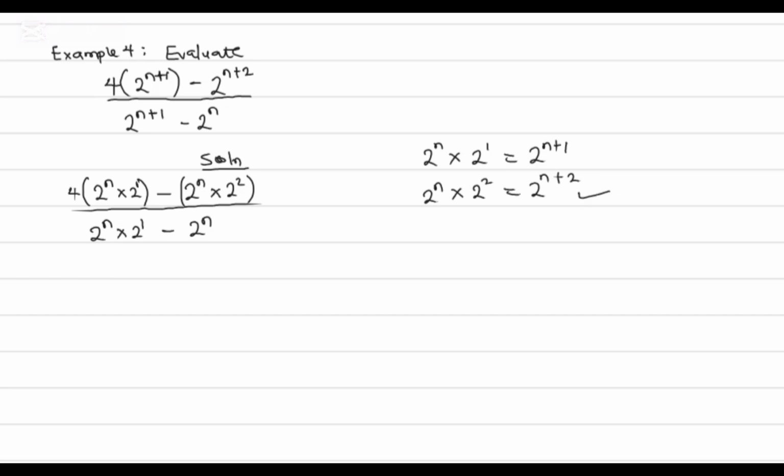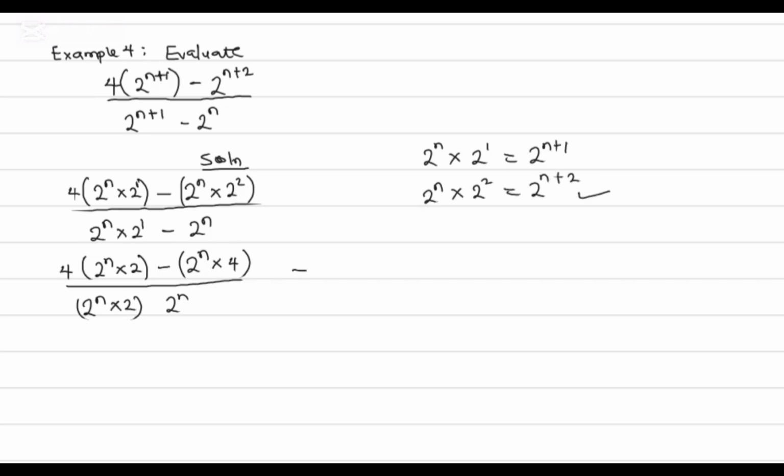This will have as 4 multiplied by 2 raised to the power n, 2 raised to the power 1 is just 2, so no problem, minus 2 raised to the power n multiplied by 4, all over 2 raised to power n multiplied by 2 in brackets, and then minus 2 raised to power n.